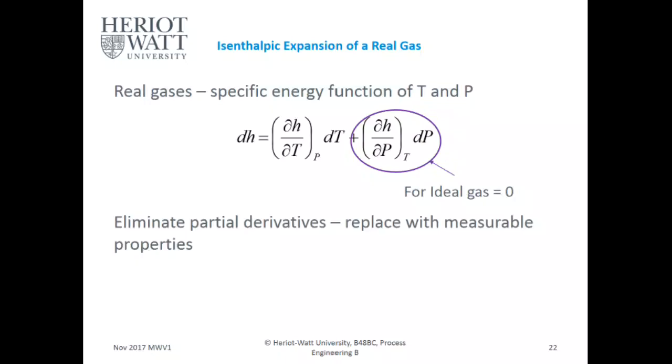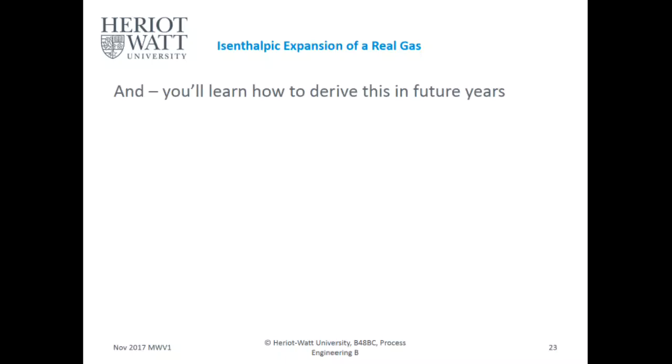So if we eliminate the partial derivatives, we can replace these with measurable properties. For example, we know Cp equals the change in enthalpy over the change in temperature at constant pressure. Hence, we can replace the change in enthalpy over change in pressure at constant temperature, which is V minus T multiplied by the change in volume over change in temperature at constant pressure.